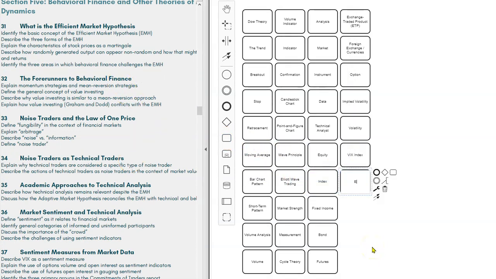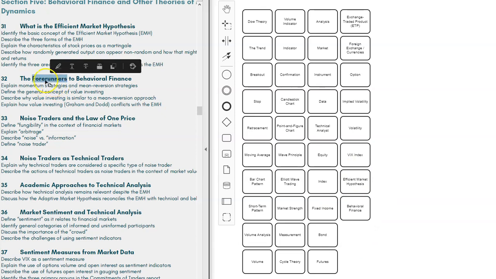Okay, we have lots more concepts here. We have the efficient market hypothesis. And then we have behavioral finance. And this is talking about the forerunner, so what came before that.